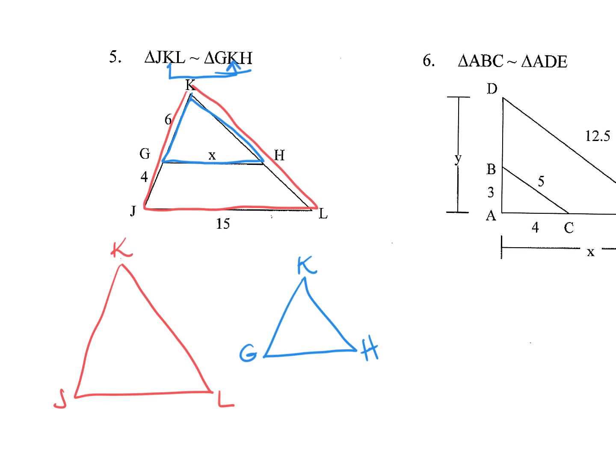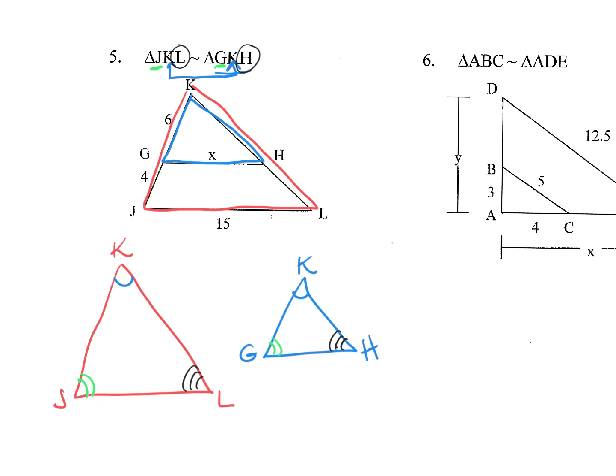K is going to be congruent to K, J is congruent to G, and L is congruent to H. Now the tricky part is filling in the values from the original picture.